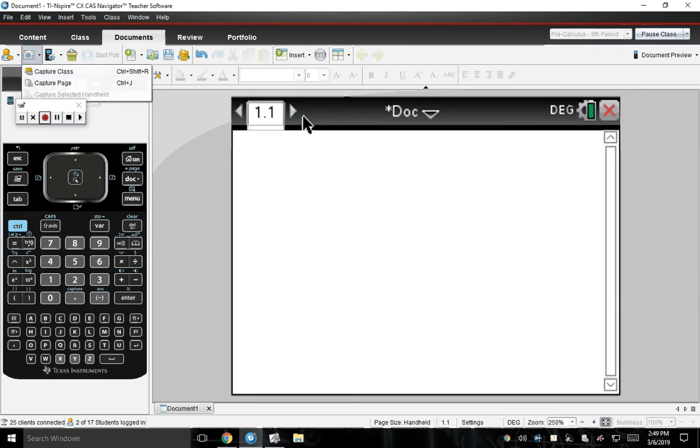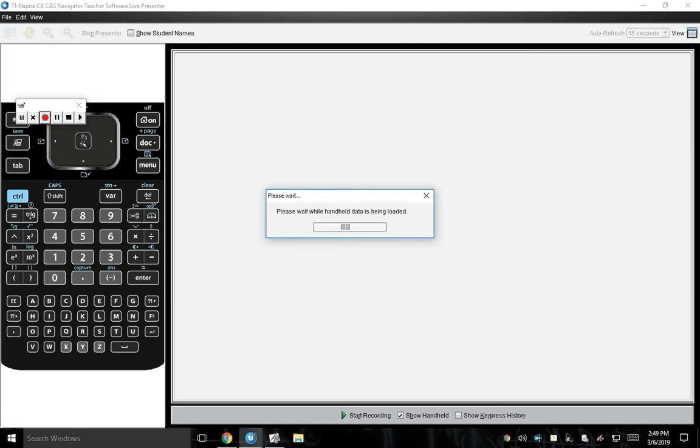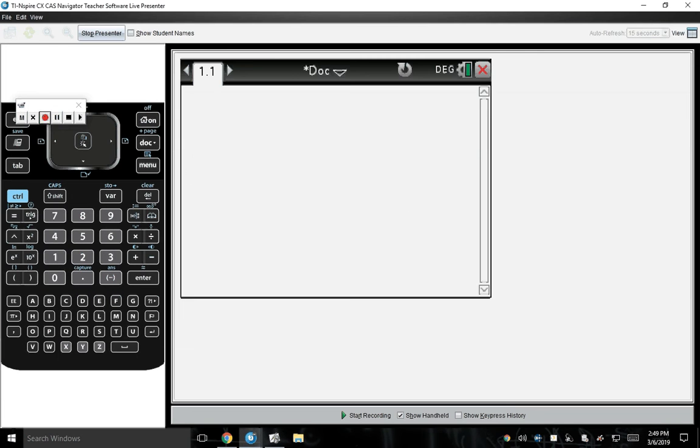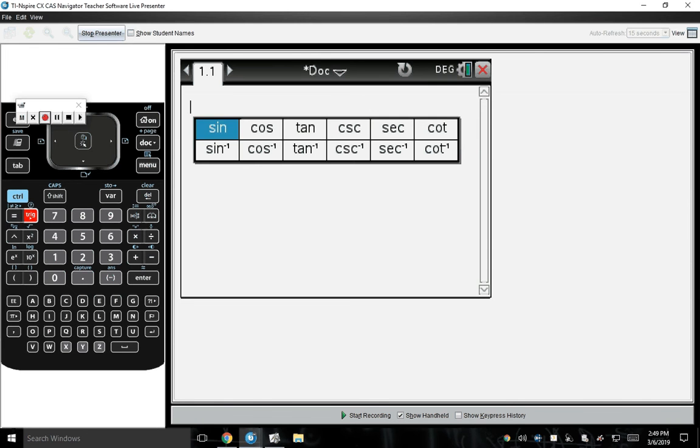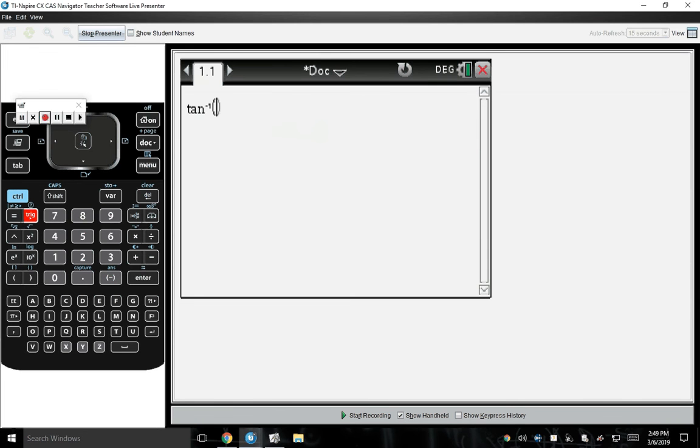So I'm going to capture my screen and then present it. And what we're going to do, guys, is we're going to do the arctangent. Notice that I am in degrees. Control divide 4/3. If you struggled with calculator usage last time, please look at these videos for the next test, okay? Now, this is a positive 53.130.